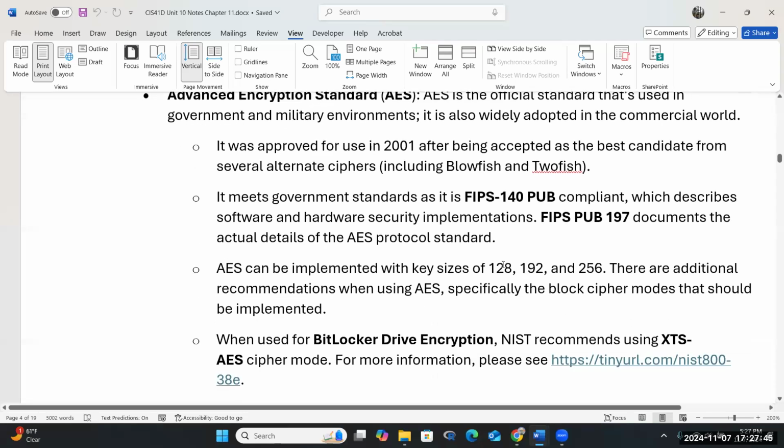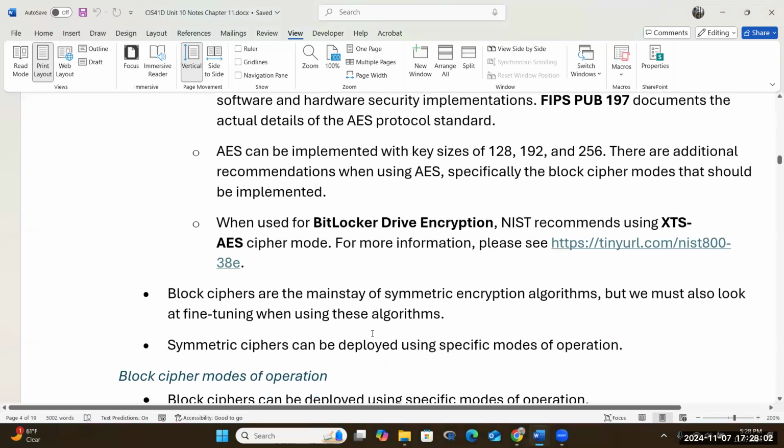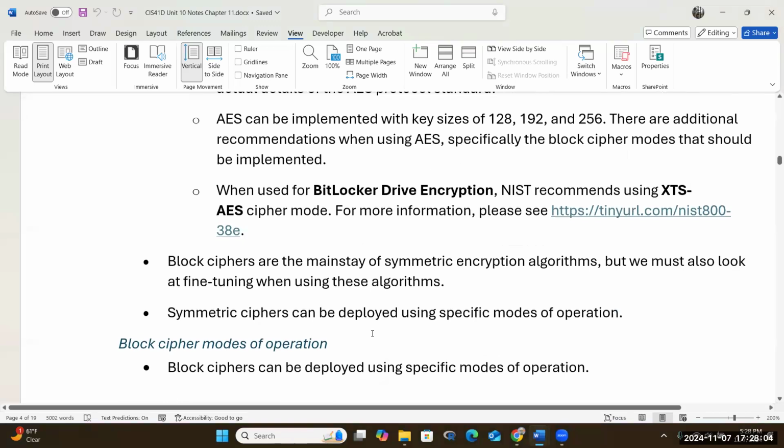You also see the key lengths 128, 192, and 256. If you're using BitLocker, this is your XTS AES cipher mode. So if you're encrypting a drive using BitLocker in a Windows system, that is AES technology.